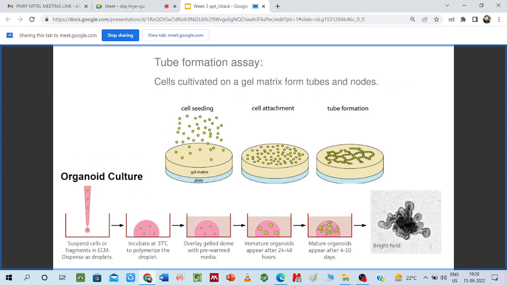So using Matrigel in the cell culture, some assays have been fabricated. First assay is the tube formation assay.